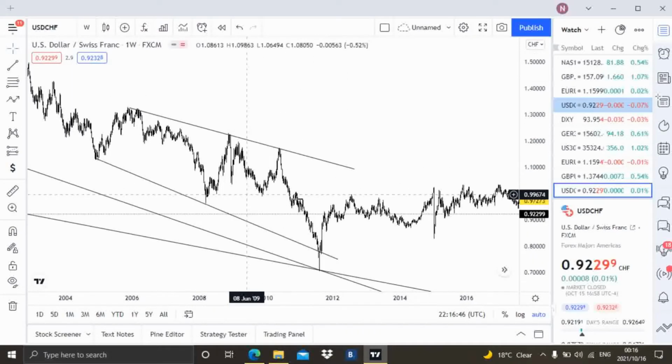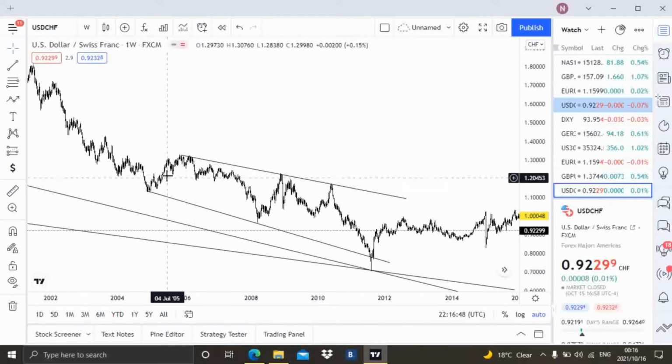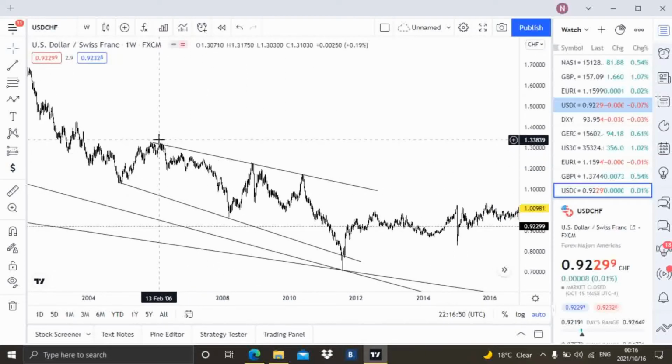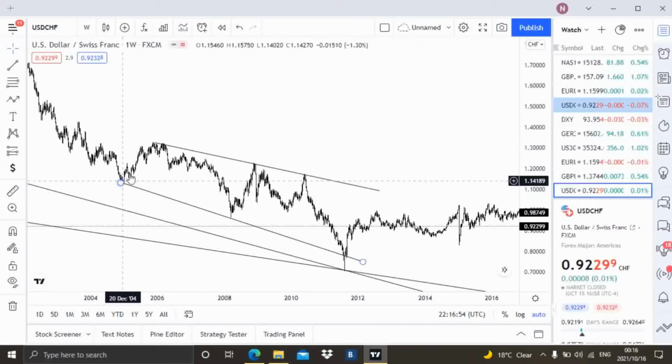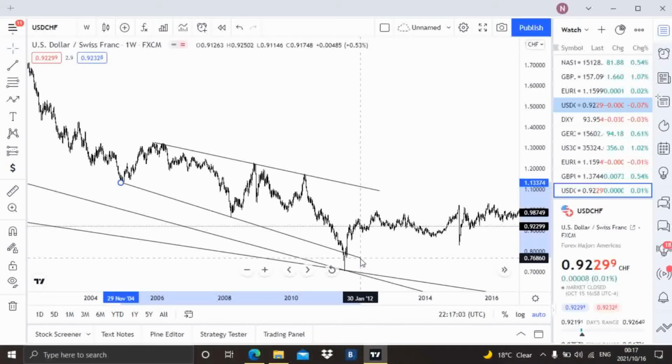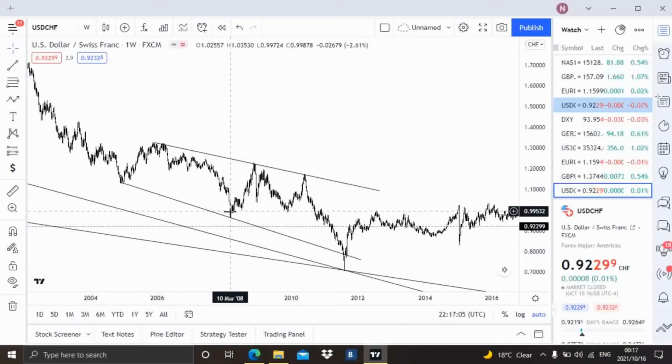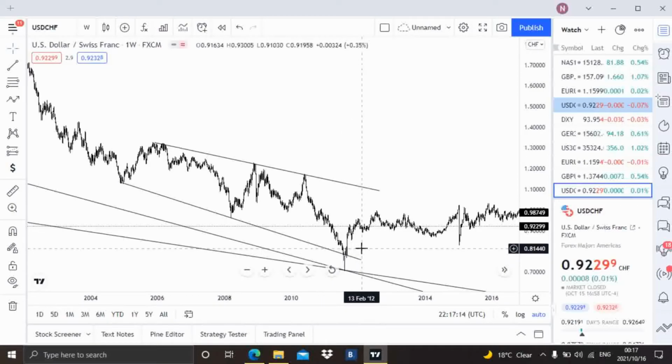So guys, here we have it, the trend line strategy. The market came to this trend line, bounced off and came back to this trend line. It created this support trend line, bounced off here and came back to our trend line here. It bounced off and it sold to the downside.